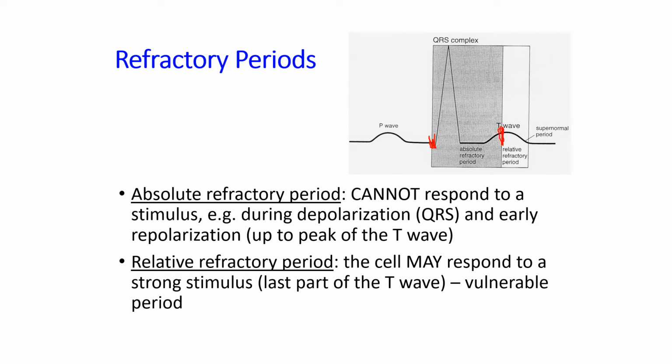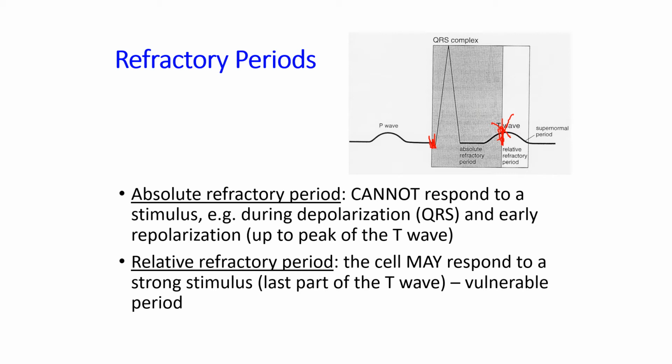So this is your absolute refractory period. In the relative refractory period, in the middle of your T wave, if a strong impulse comes, such as a PVC, a premature ventricular contraction, or if someone is playing a sport and they get hit in the heart right at this very vulnerable time, what can happen is it causes chaos or a re-entry.